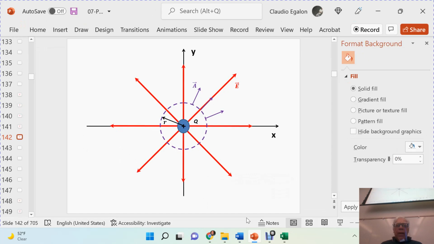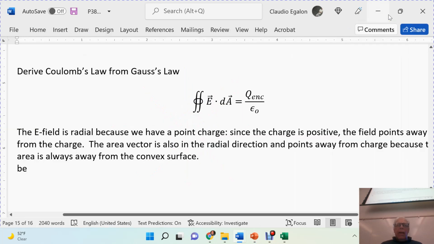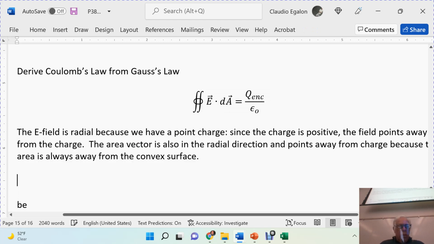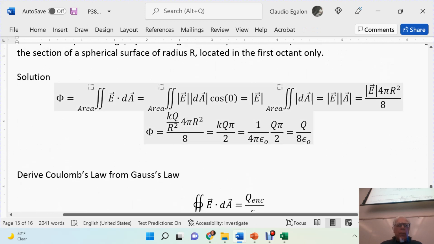The direction of the area vector will always be pointing away from the convex surface, never towards, never away from the concave surface. Okay? Can you remember that? So now we can rewrite our integral just like we did before. Like that.